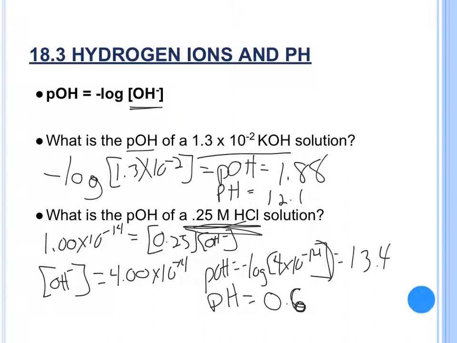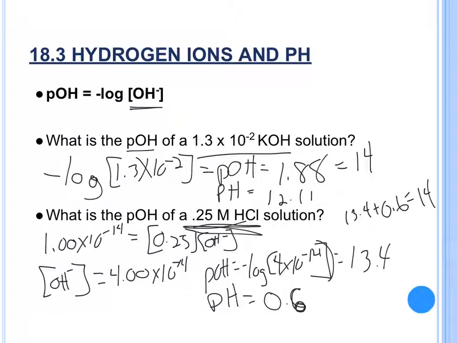And it was actually 12.11 and change. Well, if you take a look at these two things, 13.4 plus 0.6 equals 14. 1.88 plus 12.11 equals very close to 14.